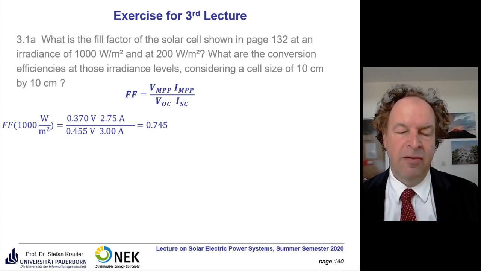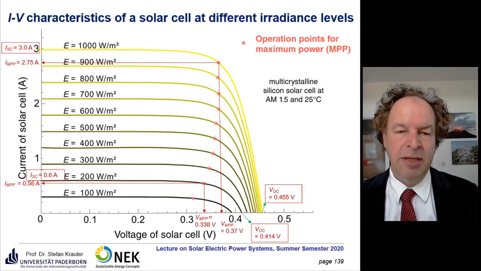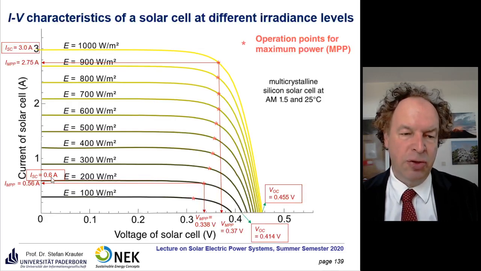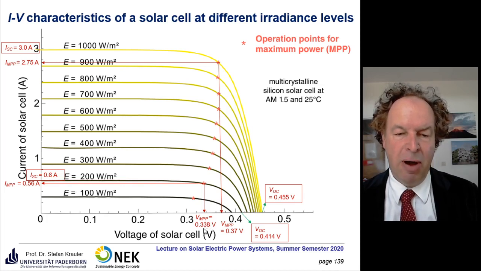0.745. If we go to 200 watt per square meter, we have short circuit current 0.6 amps, current in the maximum power point 0.56 amps, voltage in the maximum power point 0.338 volts, and open circuit voltage 0.414 volts.